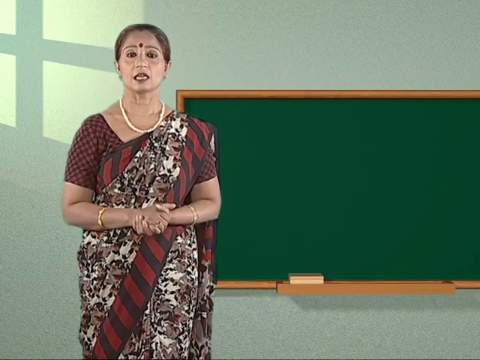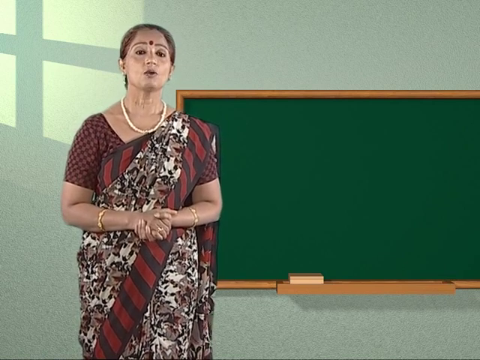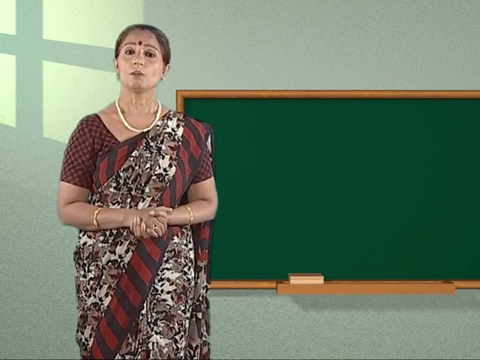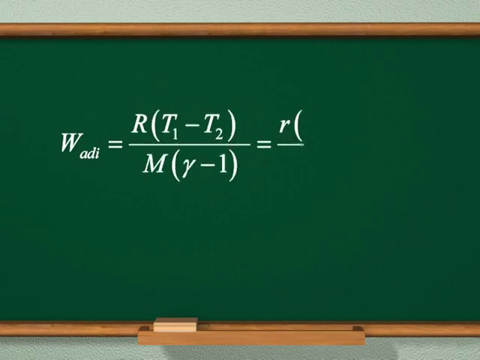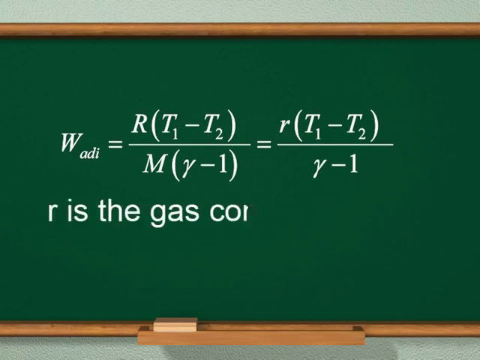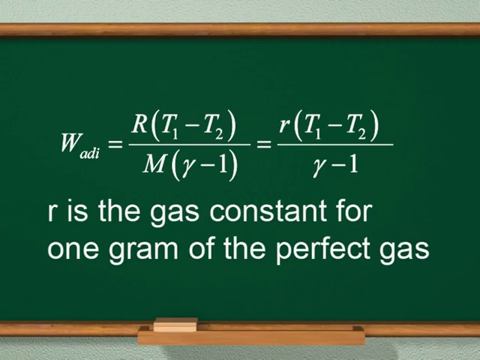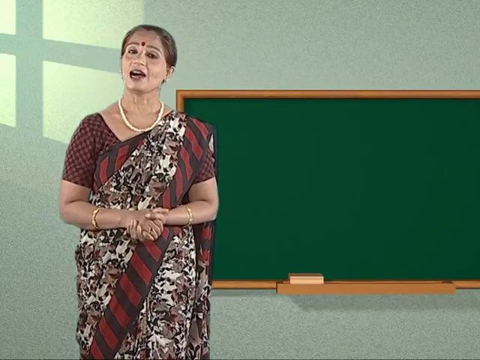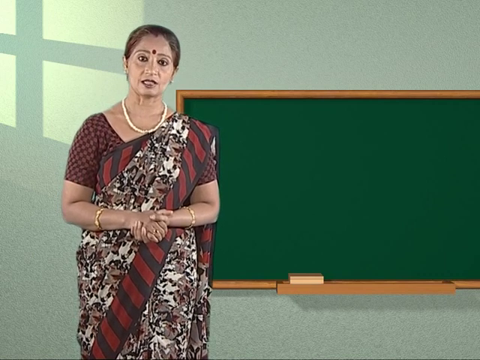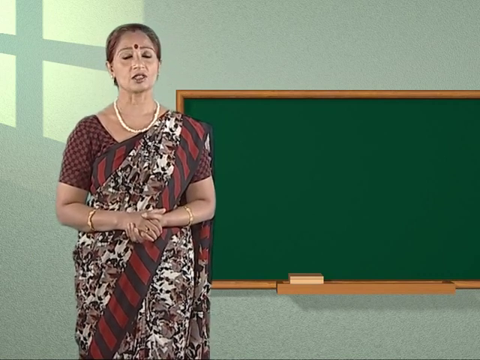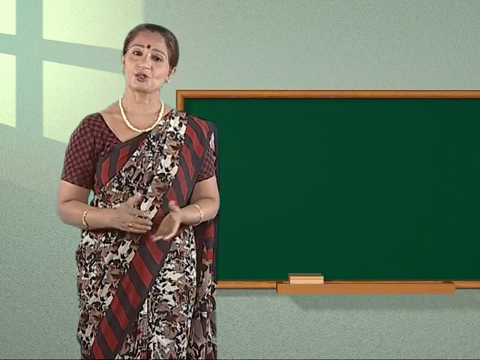And the work done during an adiabatic change for 1 gram of a gas having molecular weight M is given by W adiabatic equal to R into T1 minus T2 upon M into gamma minus 1, or it is equal to R into T1 minus T2 upon gamma minus 1, where R is the gas constant for 1 gram of the perfect gas.